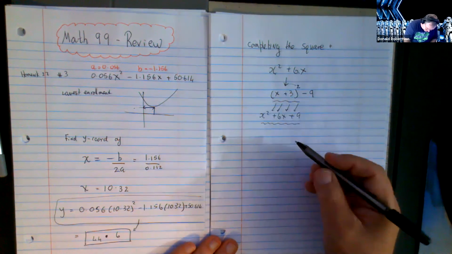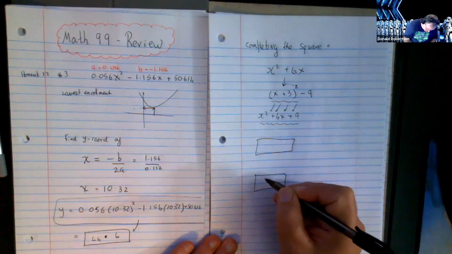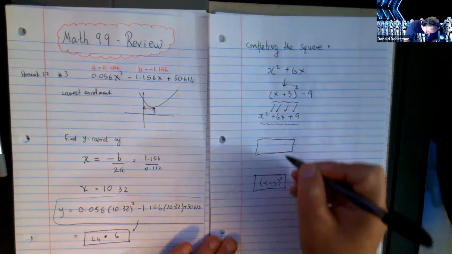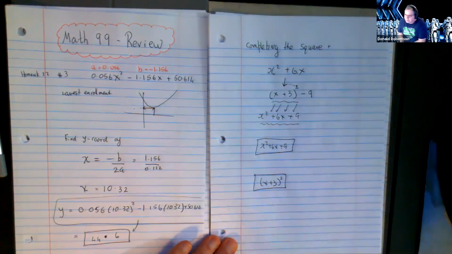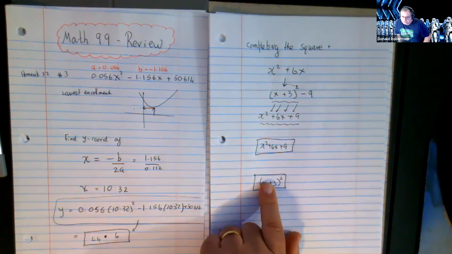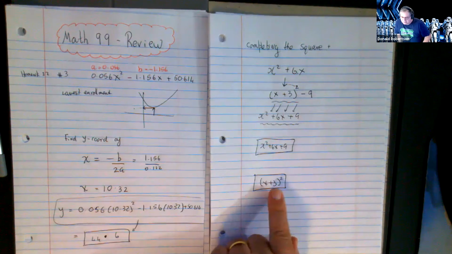In the first box, there are 2 boxes. They want the x plus 3 squared in this box, and they don't care about the x squared plus 6x plus 9 in the other box. So just this piece goes here.